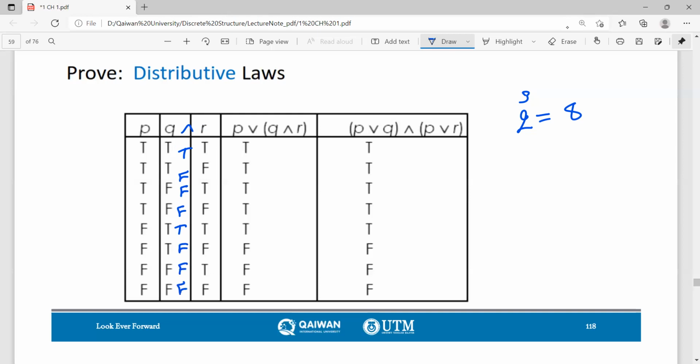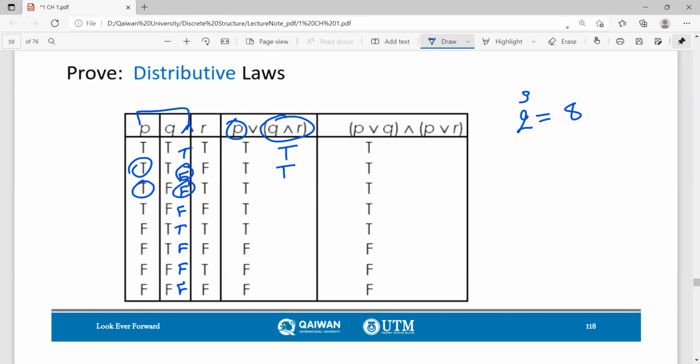Now we are going to combine this and this by the OR operator. This is Q and R, and that's P. We connect them by disjunction. Sorry, that's not false. True or true is true.